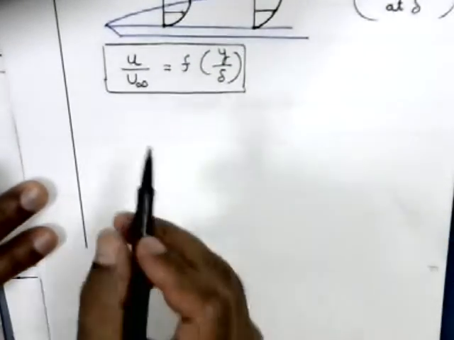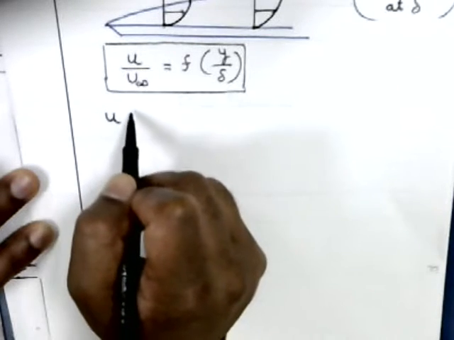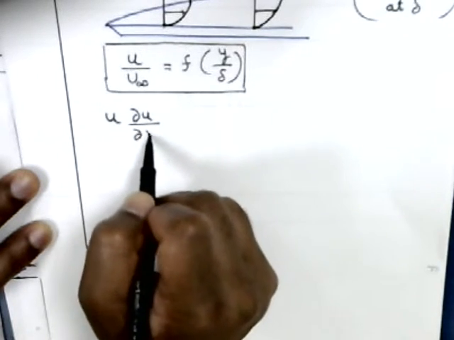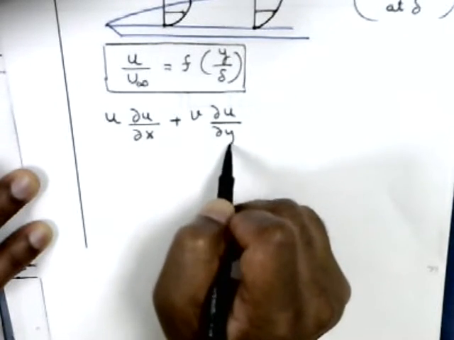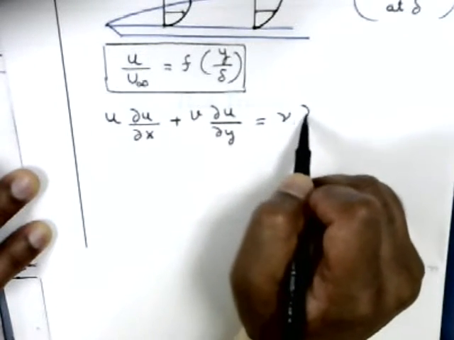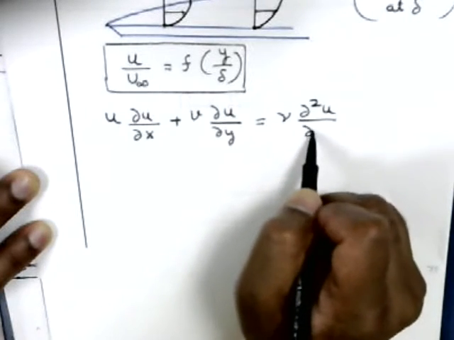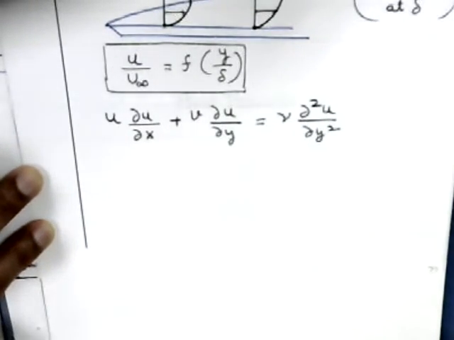Let me do that. That gives us some information about delta. So I'm writing that equation again. u del u/del x plus v del u/del y equals nu del square u over del y square.